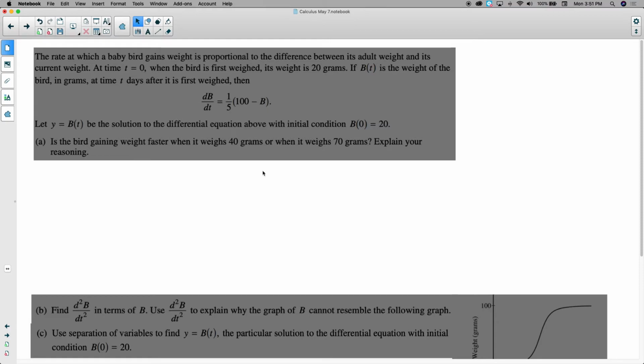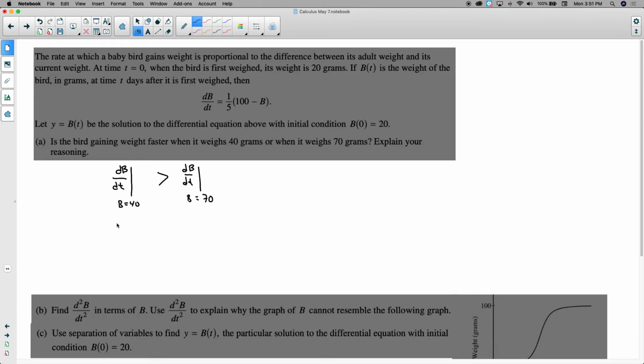But we need to convince people of that. So I suppose we want to show that dB/dt when b equals 40 is greater than dB/dt when b equals 70.